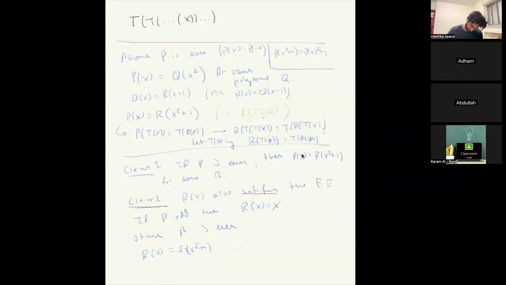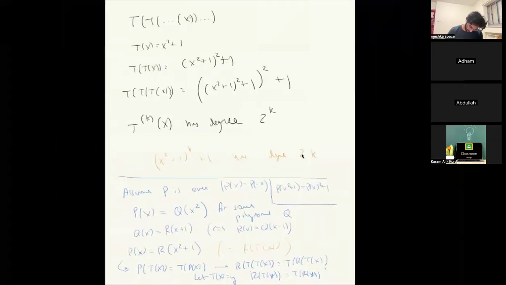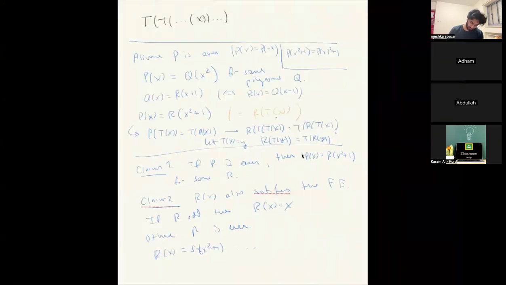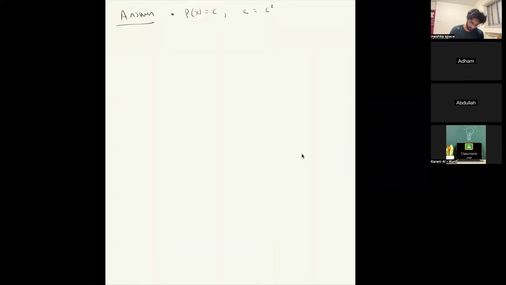First, what is the answer? So the answer is, either P of x equals C, where C is a solution to C squared minus C plus 1. So in particular, C is a primitive sixth root of unity.